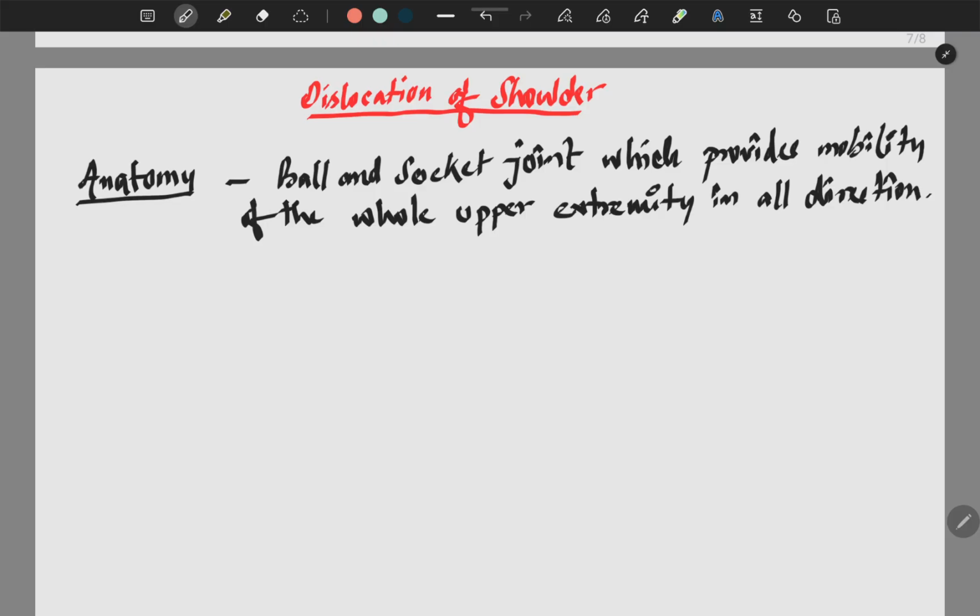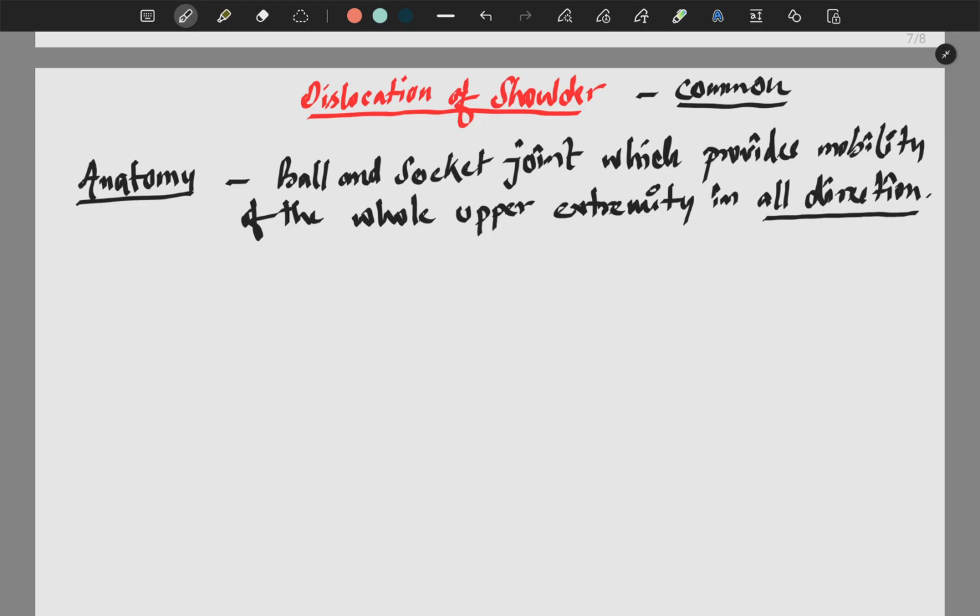So that's why it is the most common dislocation in the human body. The most common dislocation is the dislocation of the shoulder, due to multi-directional movement. In the upper extremity, mobility is more important than stability.